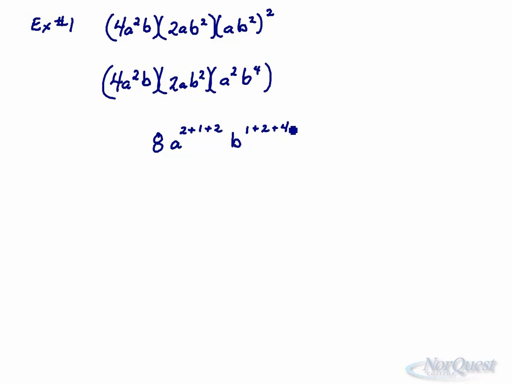So I'm showing you an in-between step. I probably won't do this step on the next example. All that you need to remember is that when you multiply same bases, you will add exponents. So this should simplify to being 8 a to the 5 b to the 7.